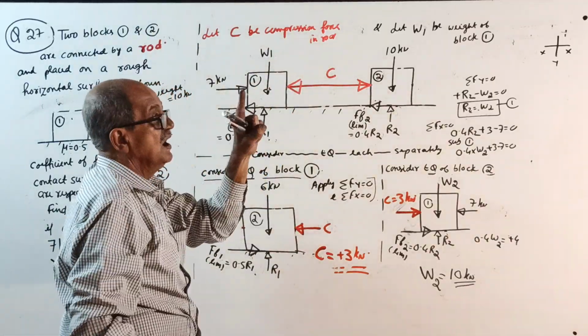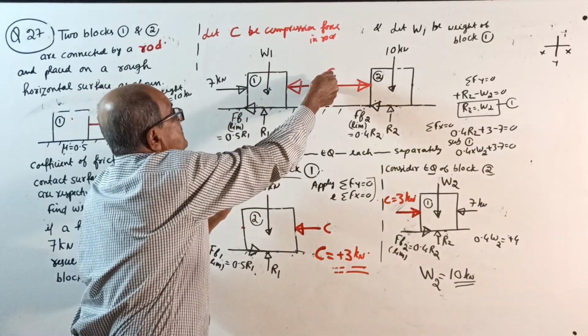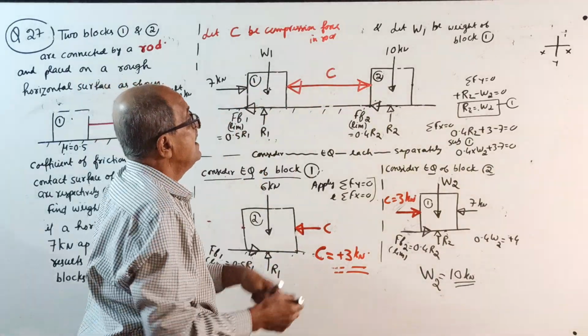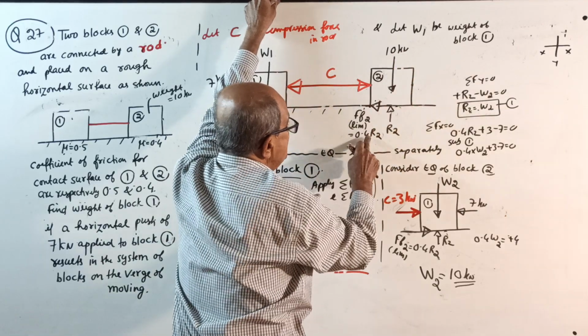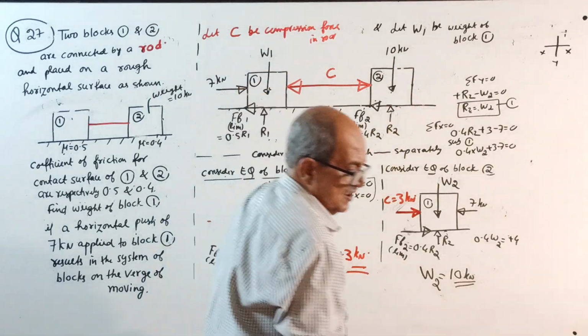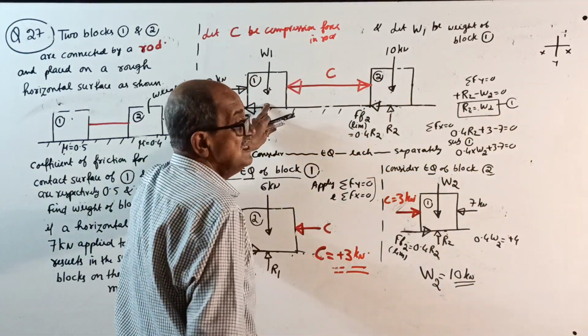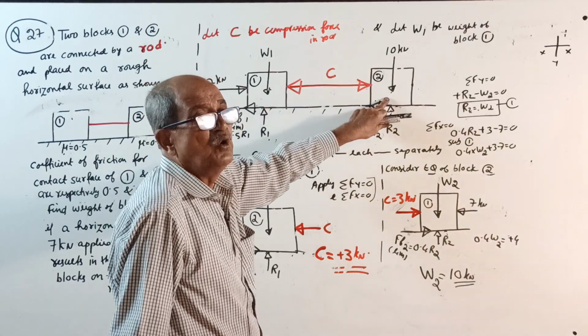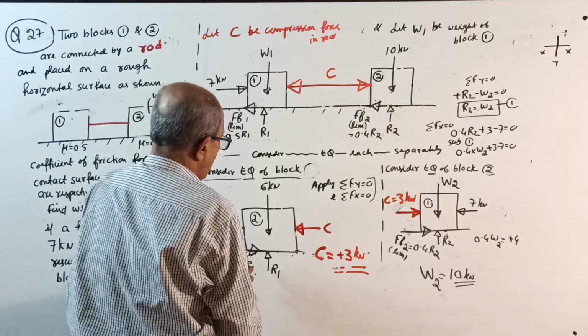R1, one unknown. W1, second unknown. And C, 3 unknowns are there. But for block 2, R2 and C, this is not unknown. So this time you have more unknowns for block 1, 3 unknowns, and 2 unknowns for block 2. Therefore, you consider equilibrium of block 2 first.